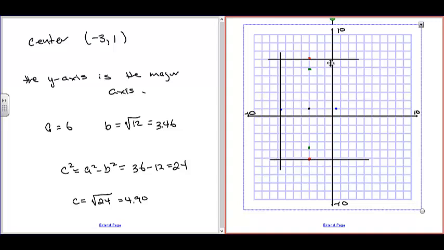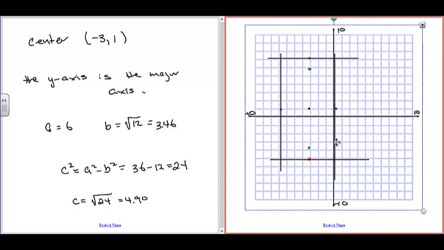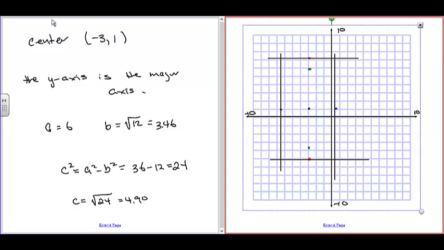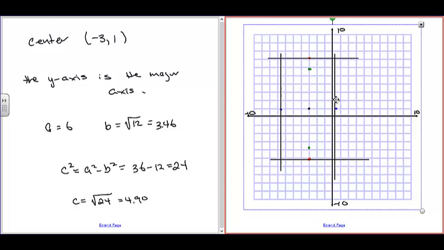I'll readjust these once I get them in there, if I need to get them through these points. So this should be going right through there. This one should be going right through the center of the blue dot. This one's going right through the center of the red dot. This one's a little off center. Oops. Okay, so that's our box that's going to help us draw this. So we start over here. Let's start up here.